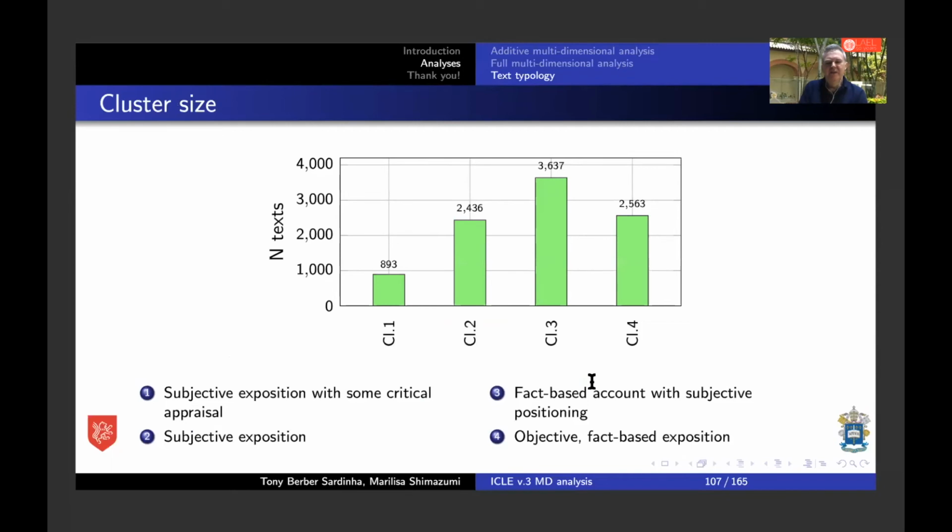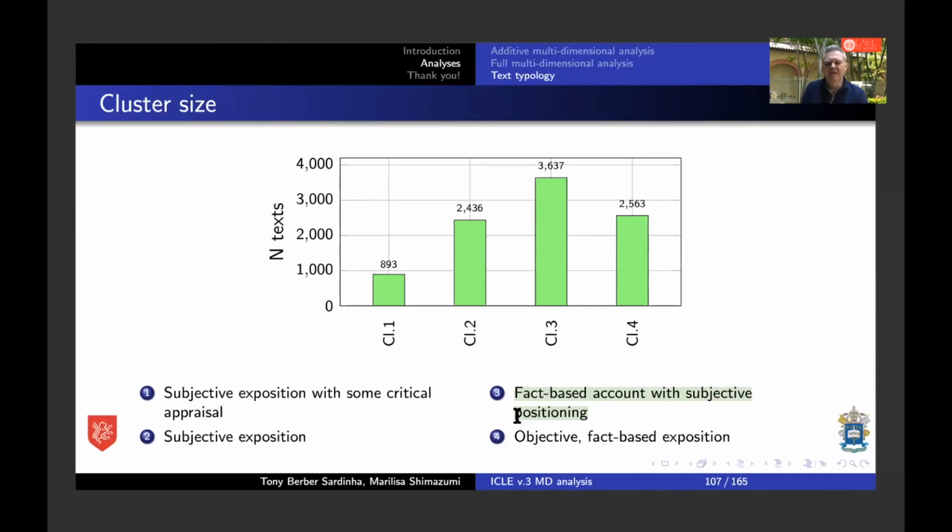In terms of the size of those, the number of texts classified into each one, as you can see, the default type is number 3. So most ICLE essays are fact-based accounts with some subjective positioning.